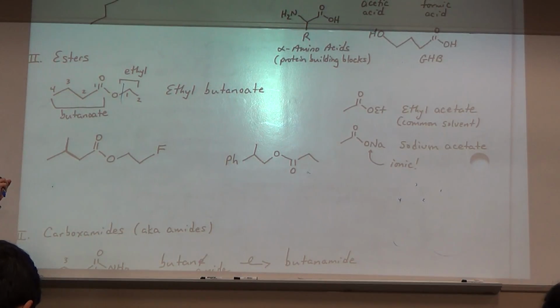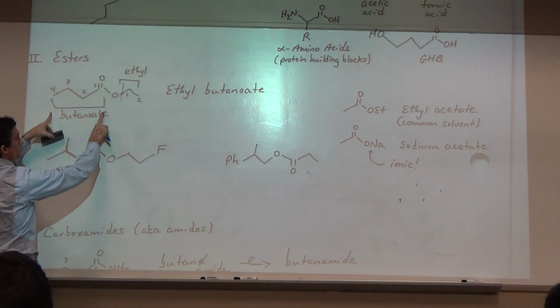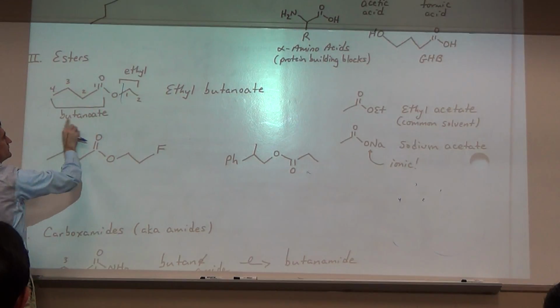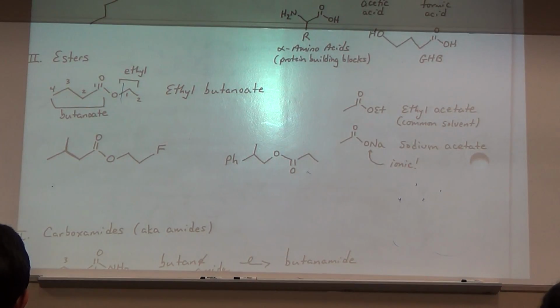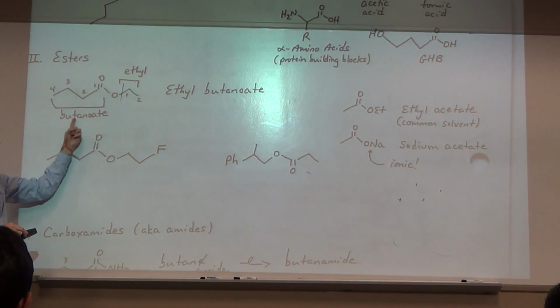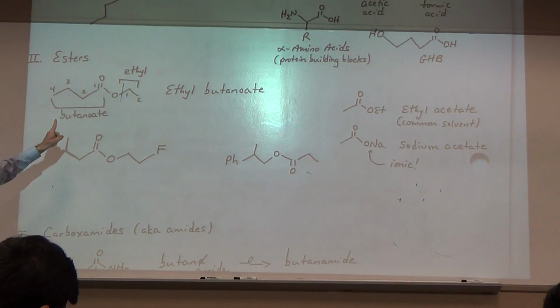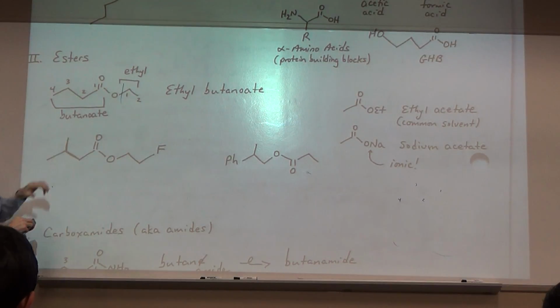You name it with two names. You name the carbonyl portion, or the acid portion: 1, 2, 3, 4. Instead of butanoic acid, it's butanoate.